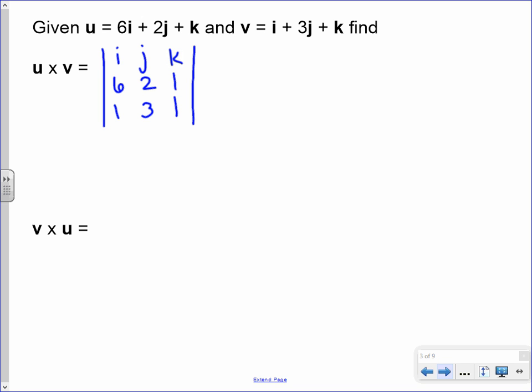Okay, so to evaluate this determinant, we will copy the first two columns, and we'll do our crisscross applesauce here.